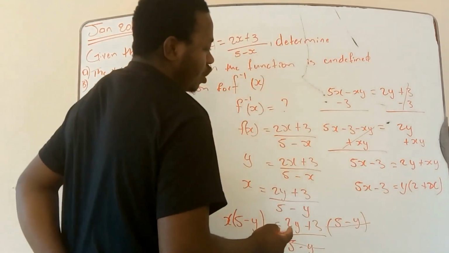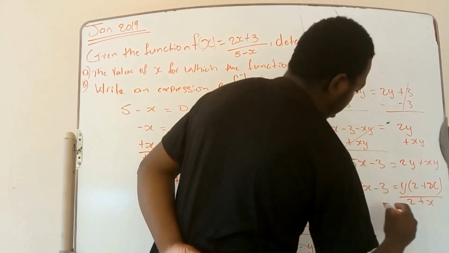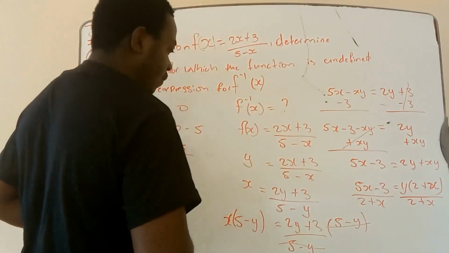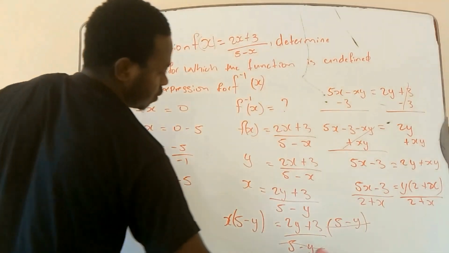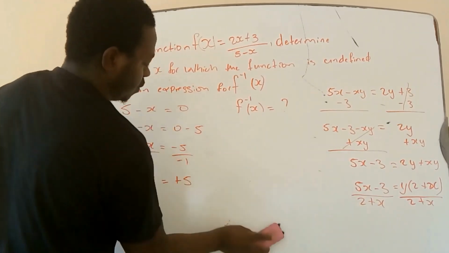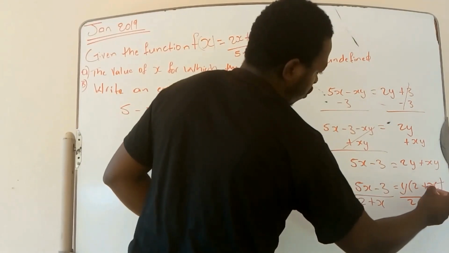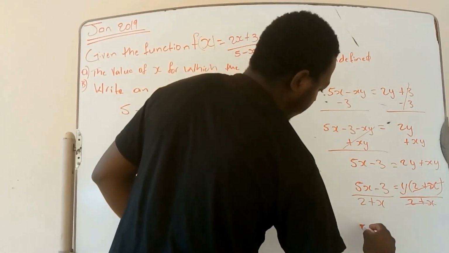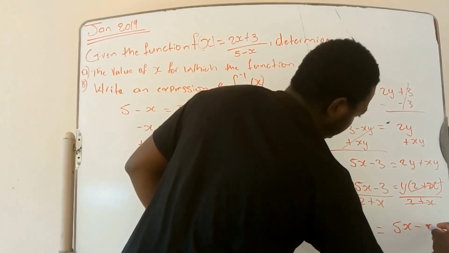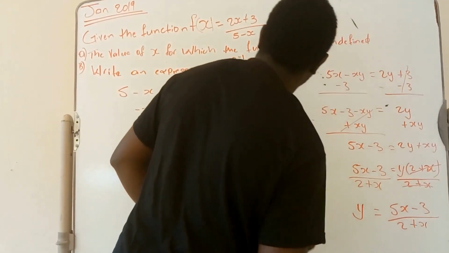Alright? Then what you're going to do is divide this side by 2 plus x, and divide this side by 2 plus x. We divide both sides by 2 plus x. 2 plus x cancels 2 plus x, so we're left with y is equal to 5x minus 3, all divided by 2 plus x.